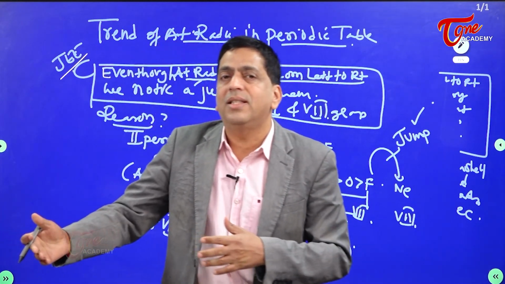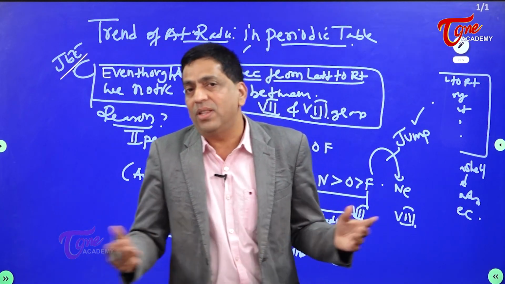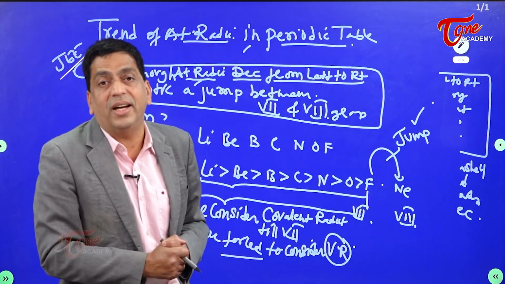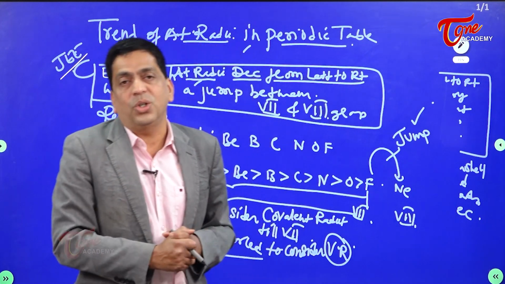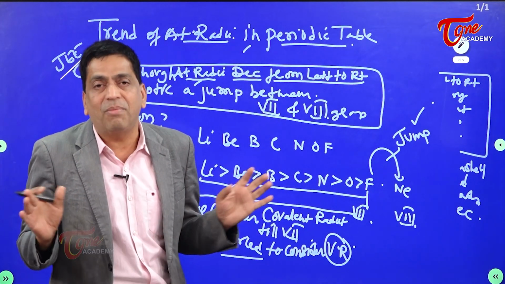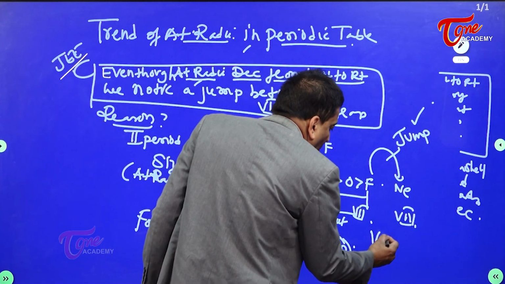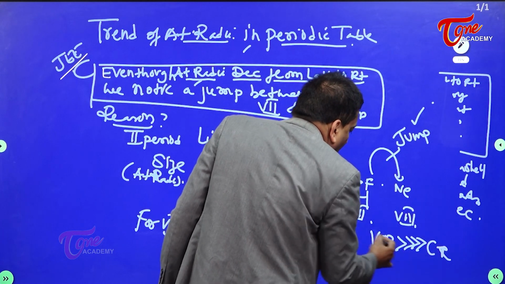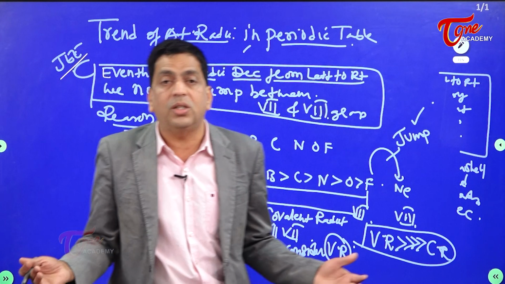So till the 17th group, you're fine going in for covalent radii. But for the inert gases, we are forced to consider van der Waals radius without any choice. After all, inert gases do not participate in any type of bonding. And we all know van der Waals radius is greater than covalent radius, almost 30% greater.